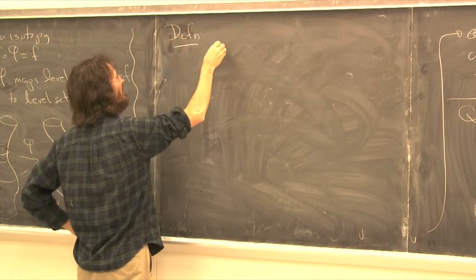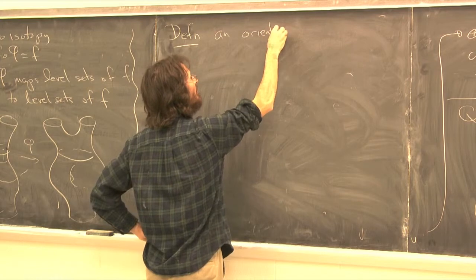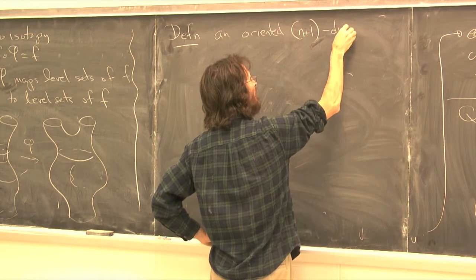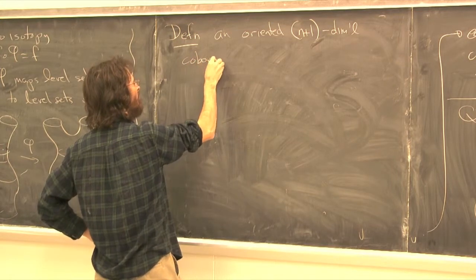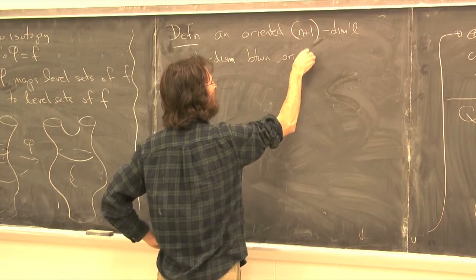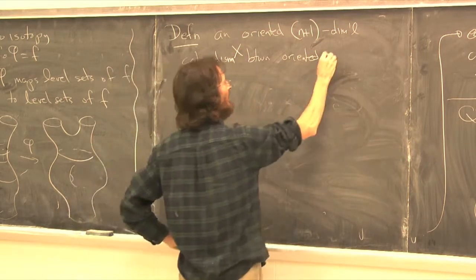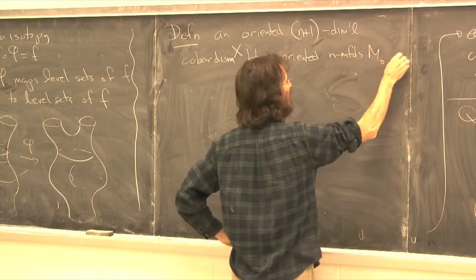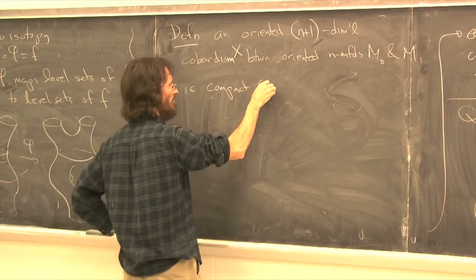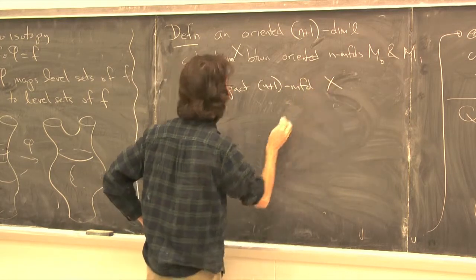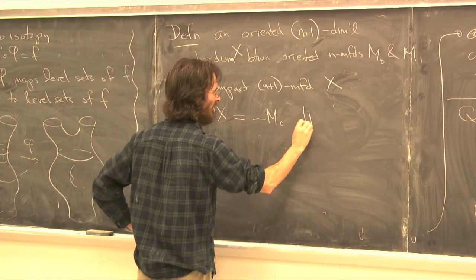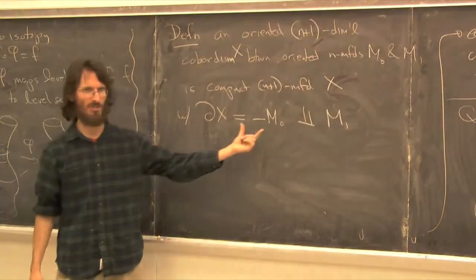The definition is that an oriented cobordism, I've been a little sloppy about cobordisms and not mentioned orientations, but an oriented n-dimensional cobordism is between oriented n manifolds M0 and M1, and that's X between oriented n manifolds, and it's also a compact n plus 1 manifold X with the oriented boundary of X equal to minus M0 disjoint union M1. Okay, so minus M0 means M0 with the opposite orientation.